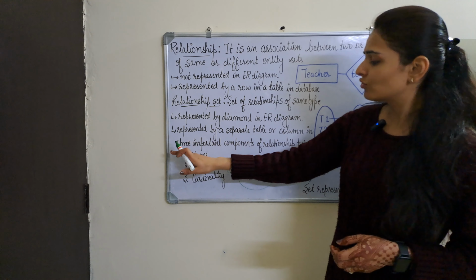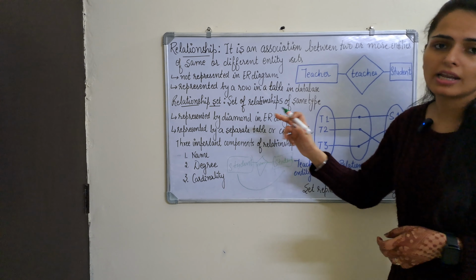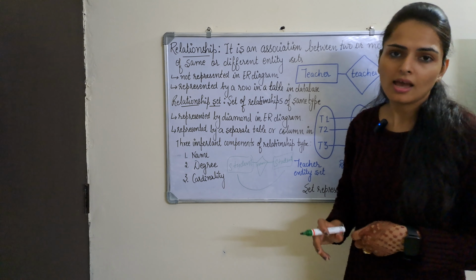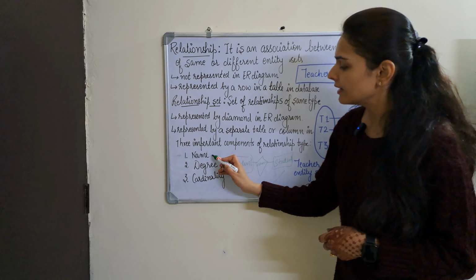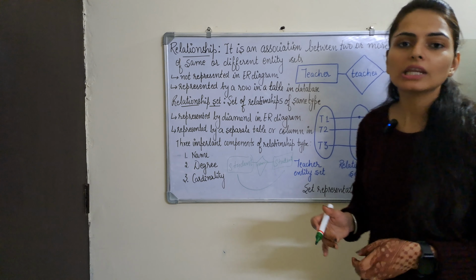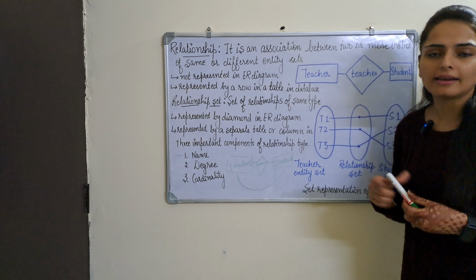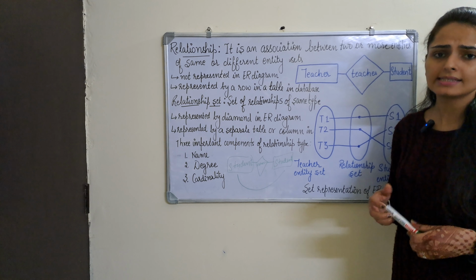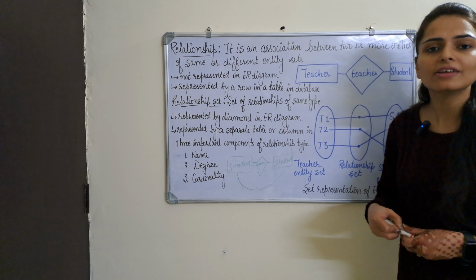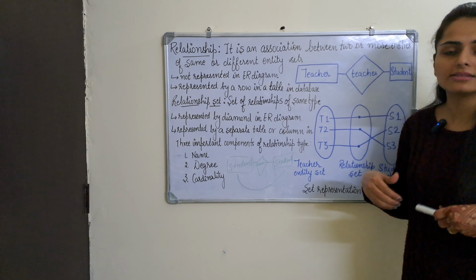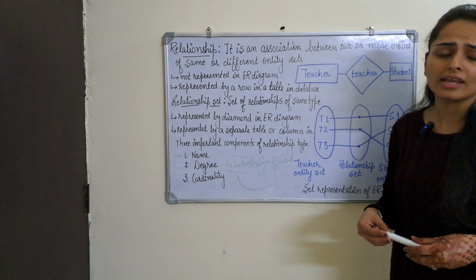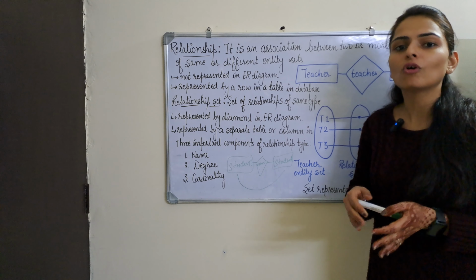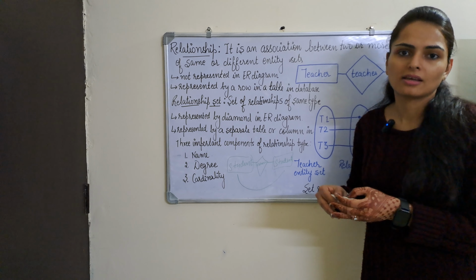Now, there are three important components of relationship sets, that is name, degree and cardinality. So the first thing is the name. Within a database, if we are representing a relationship among two entity sets, we should be able to identify the relationship sets that we are defining. For that purpose, the name should be unique for different relationship sets, right?